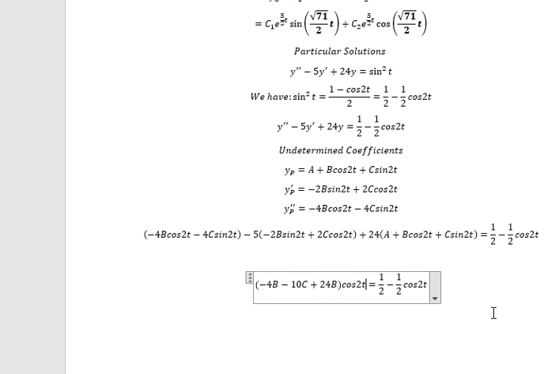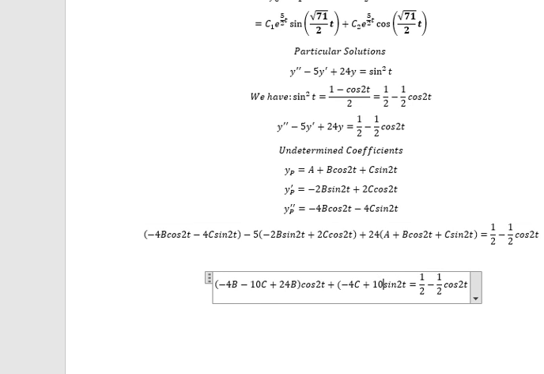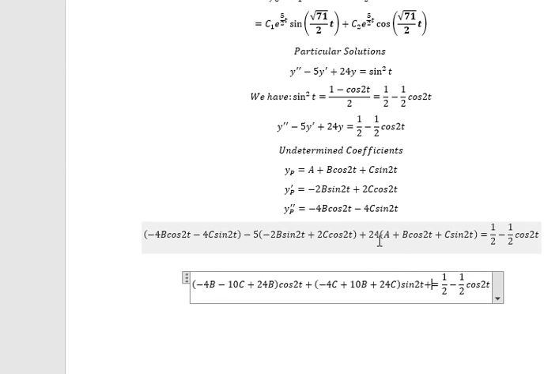Now, about sine 2t. In this situation, we have negative 4c and negative number 5 with negative 2b, that is positive 10b. We have 24 with c, so we have 24c. And the last one, we have 24a.